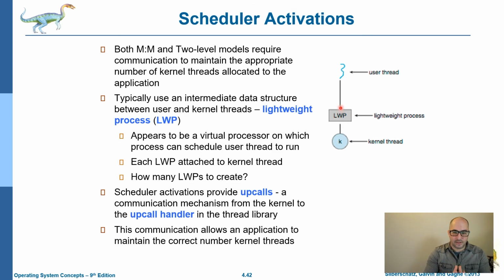As an operating system decision, you need to decide how many of these lightweight processes to create. In one-to-one, it's already finished: you've got one for every user thread and kernel thread.